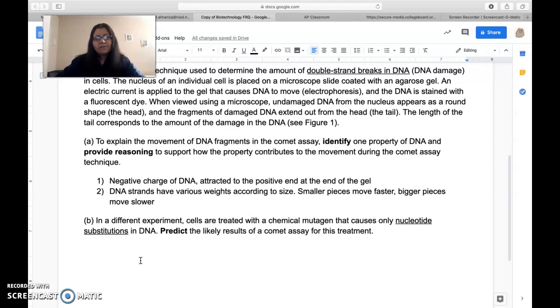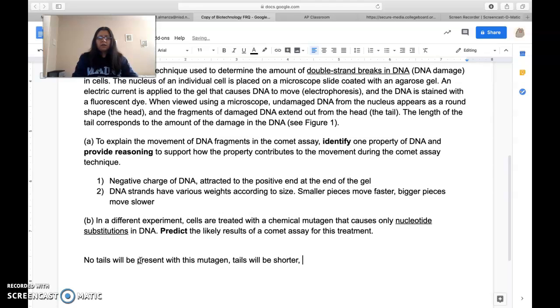Because you're not causing any double-stranded breaks, more than likely, if the DNA was already intact, you're not going to see any tails. Okay, so no tails will be present with this mutagen. You could say no tails will be present, tails will be shorter, heads only, any of those things that indicate that you're not getting double-stranded breaks. You're only having nucleotide substitutions.